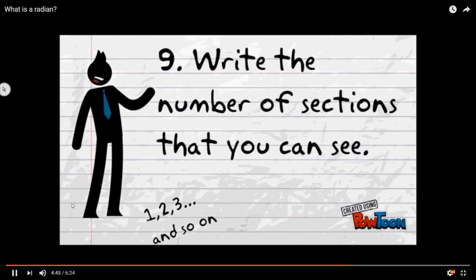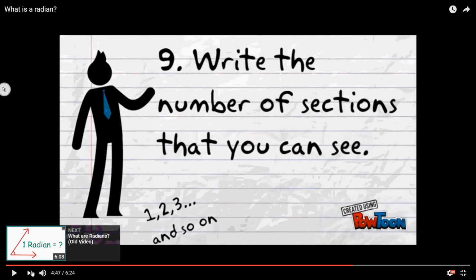All right. Once you get all the way around, write down the number of sections that you see. If you're using your pipe cleaner to create your radian every time, because it's an approximation here, let's see if we can determine how many sections you would have on a circle.